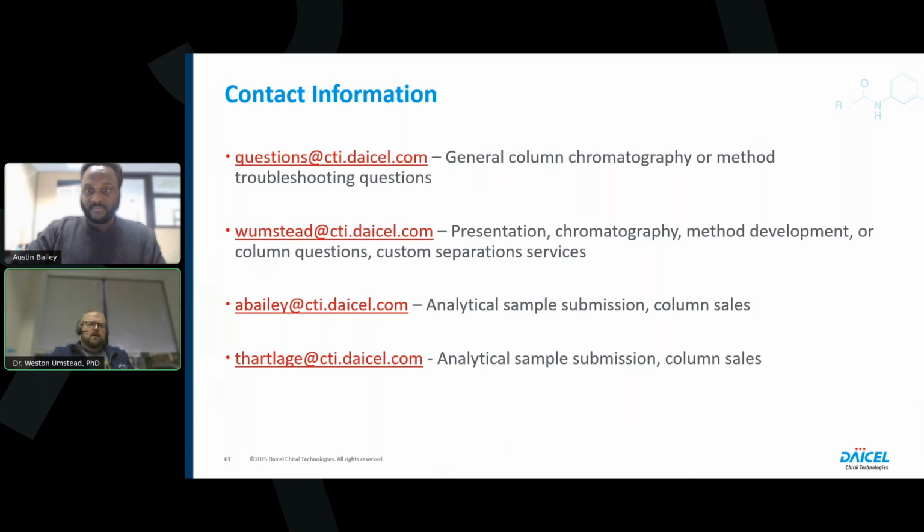So this question is not specifically about our columns per se. It's more about the detection of the actual analytes. My assumption is that the detection method is probably UV based. I'm almost positive that monobasic sodium phosphate is not mass spec compatible, or at least is not a great option for mass spec compatibility.